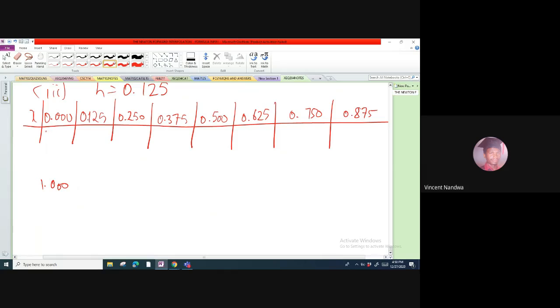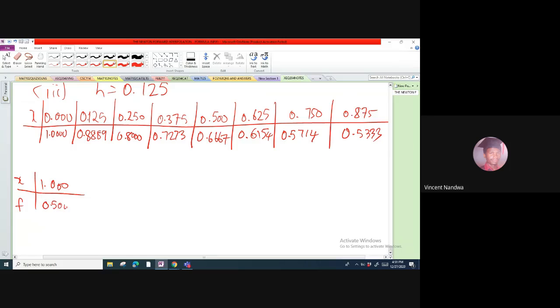Here we have 1.0000, 0.8889, 0.8000, 0.7273, 0.6667, 0.6154, 0.5714, 0.5333, and then when x is 1, we have 0.5000.